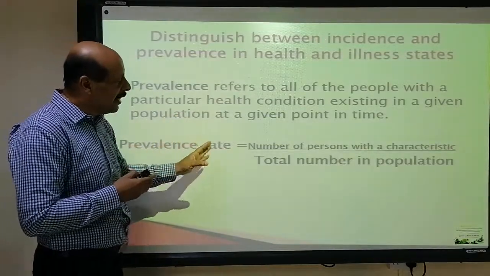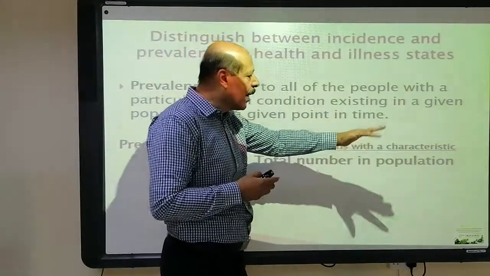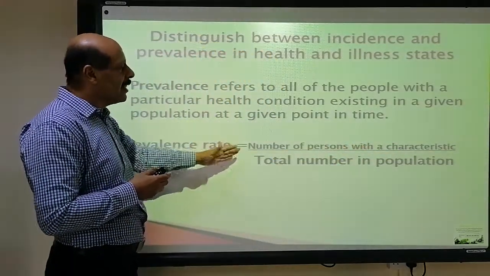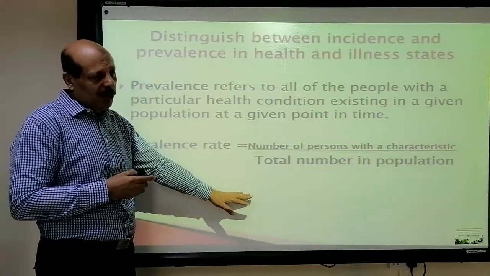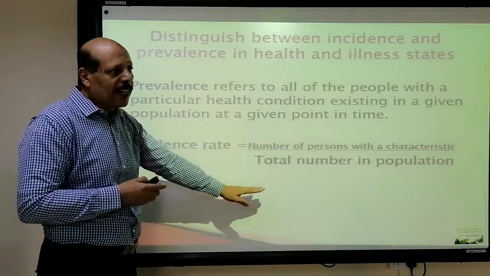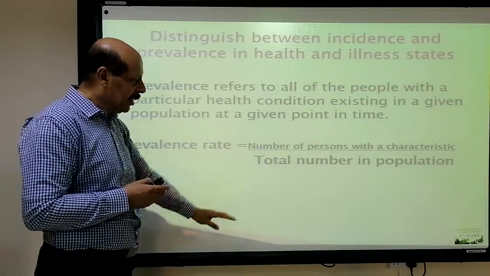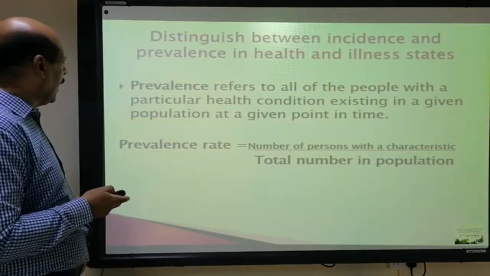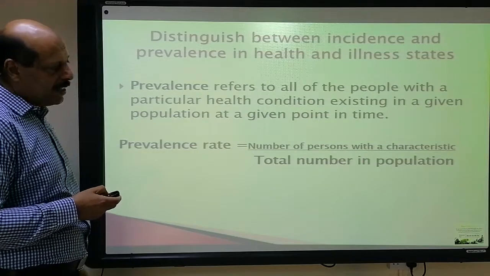The prevalence rate is the number of persons with the characteristic or disease over the number of population. So the number of cases over the number of population will give us the prevalence rate of the disease.